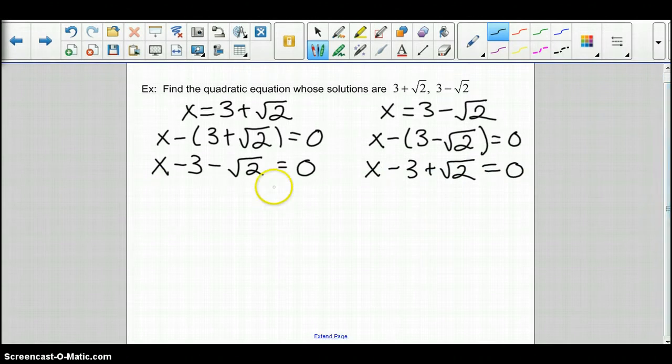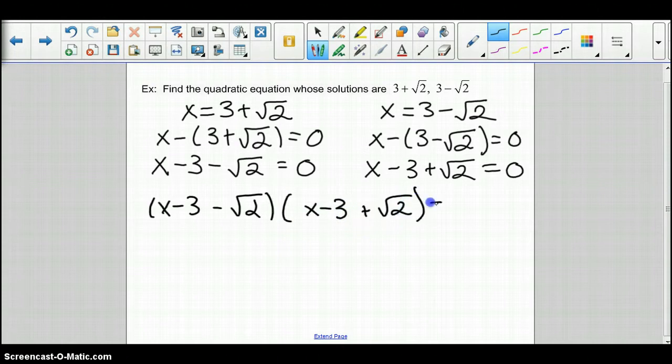Our next step here is to multiply these together. So I'm going to have x minus 3 minus square root of 2 times x minus 3 plus square root of 2 equals 0. Now here's a part that'll be very important for us. So we have x minus 3 and x minus 3 in both of these. And we have a square root of 2. So I'm just going to show you guys using my blue pen.